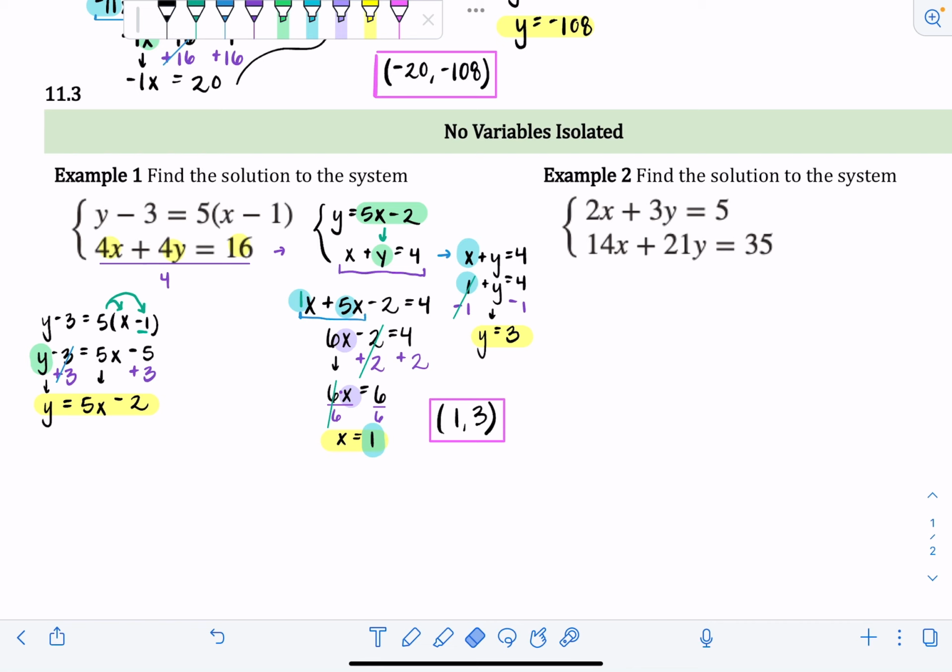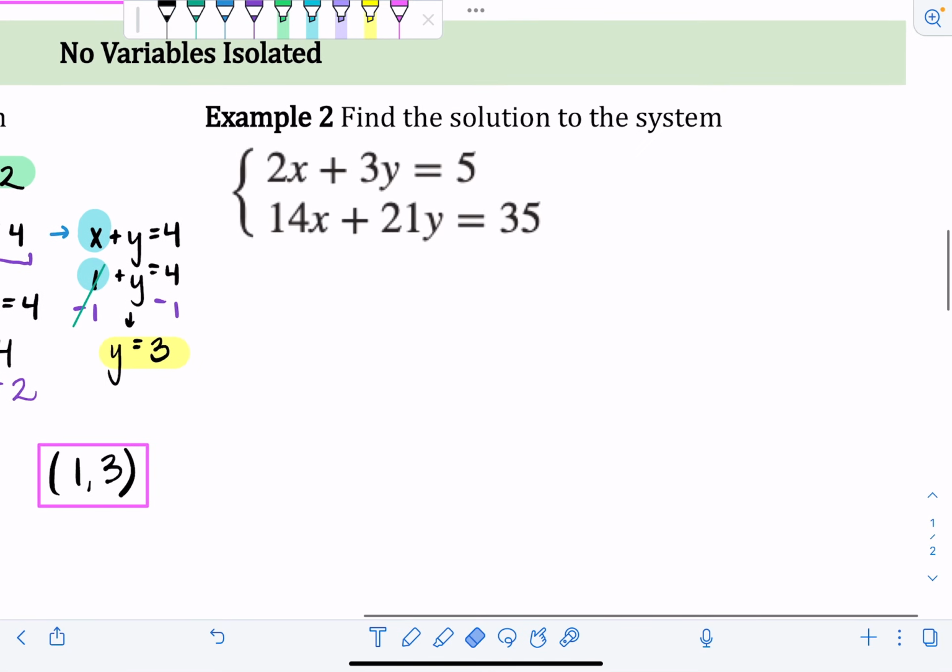Okay, so this is a good challenging problem. It's not going to be easy. Our goal with substitution is to get an equation where one variable is isolated. So let's say I want to isolate x.